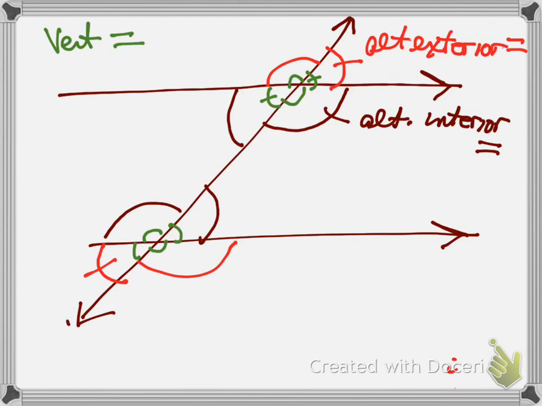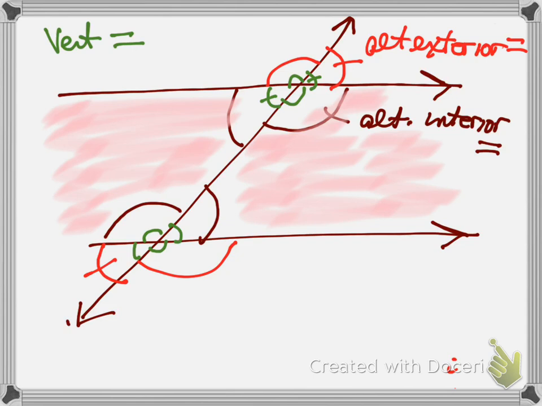If you think about it, in here, these are inside. So that's why it's interior. So the pink is interior, inside or in between the two parallel lines. On the other side of that are the exterior angles.